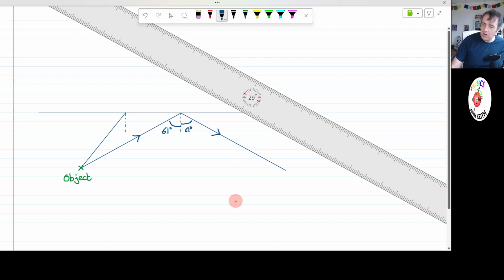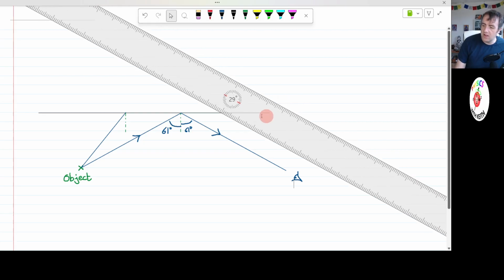Well, that's fine, but what I'm saying is if I were over here, so I'm going to represent myself by drawing an eye. This is my eye looking along this ray. What would I see? Well, if I look along this ray, I would see the object somewhere along this ray. I don't know where, but somewhere along that ray.